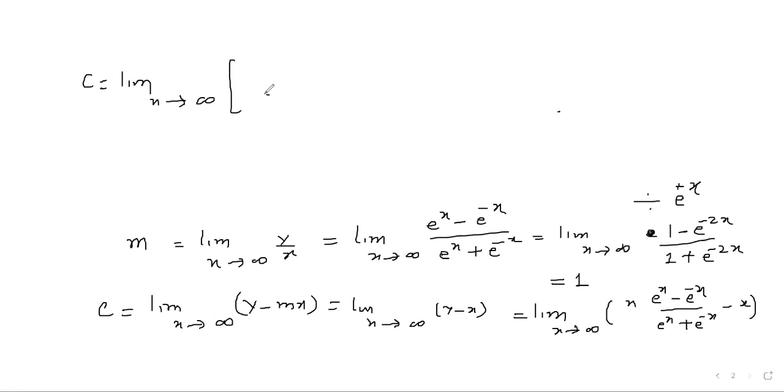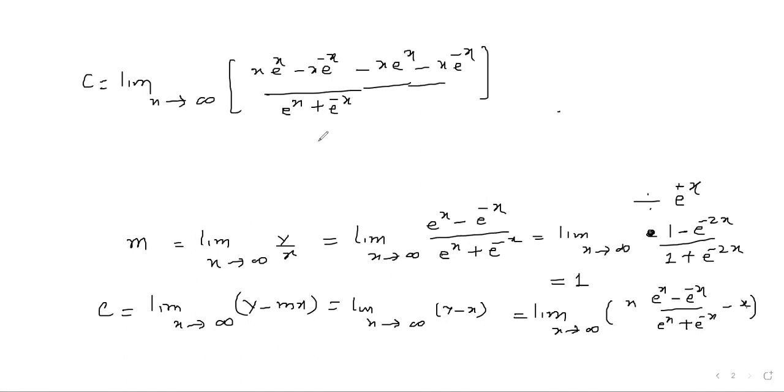So the LCM will be e power x plus e power minus x. Then here x will get multiplied to both terms: x e power x minus x e power minus x, minus, when x is multiplied with these two terms, it will become x e power x minus x e power minus x.